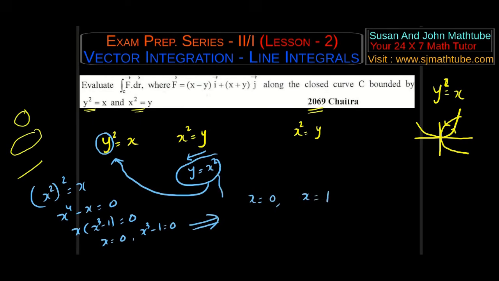Now let's plug in all these values here. When x equal to 0, we get y equal to 0 square, and when x equal to 1, we get y equal to 1. And from the picture itself, it's clear that the points of intersection are (0, 0) and (1, 1). Anyway, this is obvious.